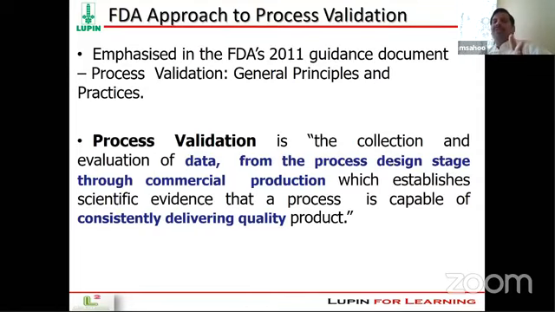Once we know the CQAs and the CPPs, we must also understand what our critical process control parameters are, because when to draw the sample is defined by which particular process we consider critical to assure the quality of the product. What we have talked about in this small one-minute session consists of process design.